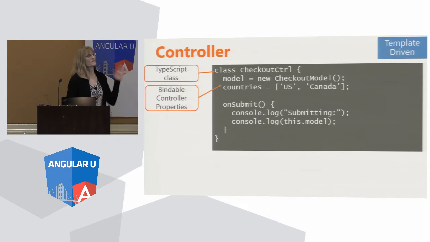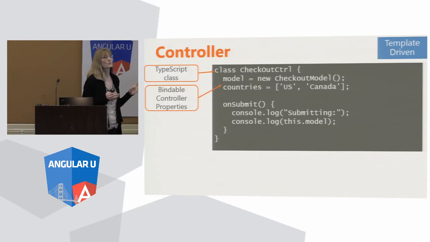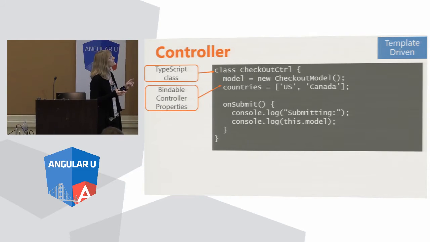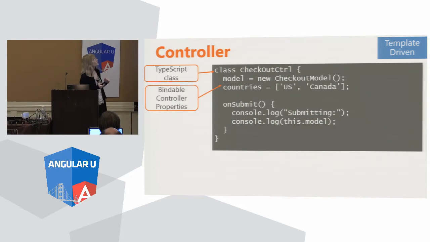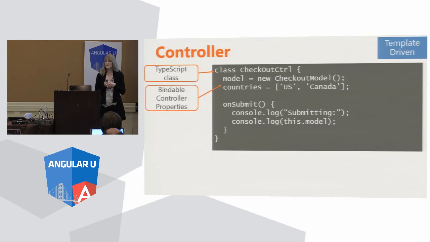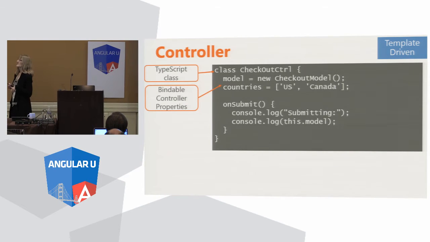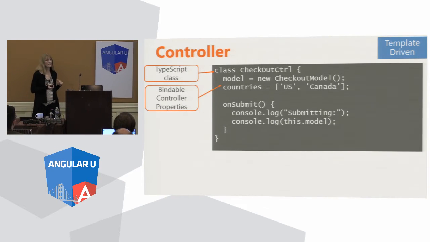And instead of our vm.model, vm.countries, where we would use the controller as syntax inside the function, here we would just identify the properties. So we've got a property called model and a property called countries. Now our model is defined by creating a new instance of our checkout model. What does that look like? We'll see that on the next slide.